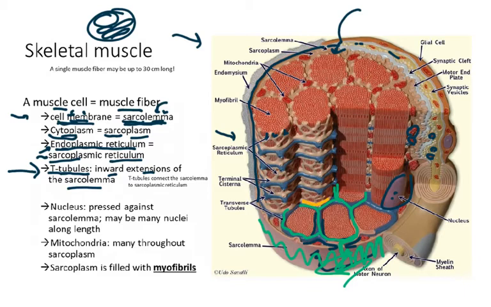Well, that calcium gets trapped in the sarcoplasmic reticulum, and it's going to be this action potential spreading down the T-tubule membrane that's going to cause a voltage change, that's going to cause voltage-gated channels in the sarcoplasmic reticulum to open and spill calcium. We'll get to all that later. For right now, you just need to understand what the T-tubules are, and that they're going to be nestled really close to the sarcoplasmic reticulum.